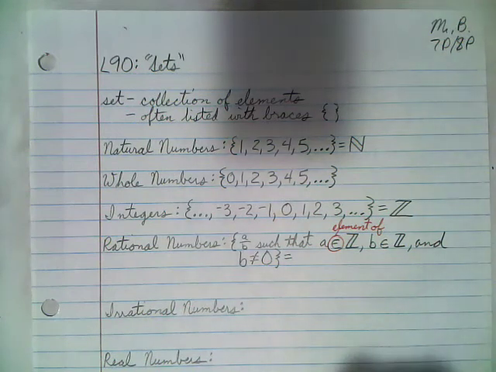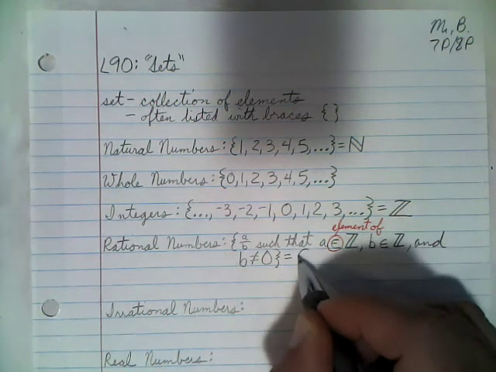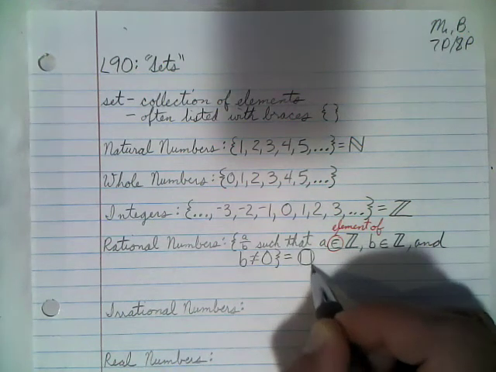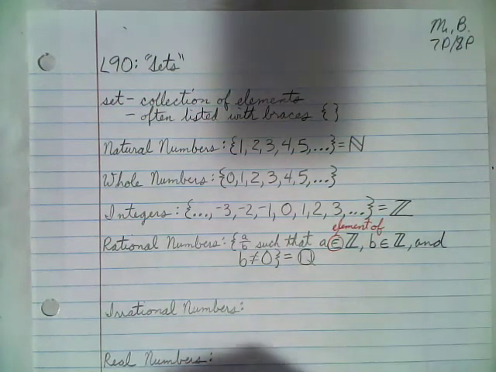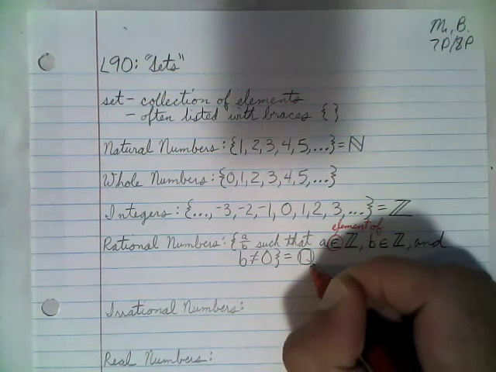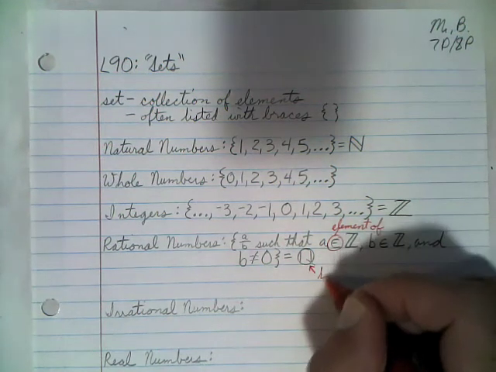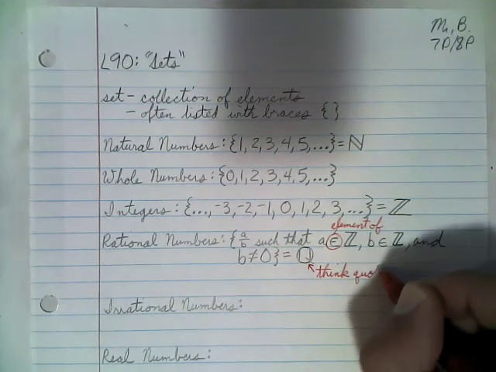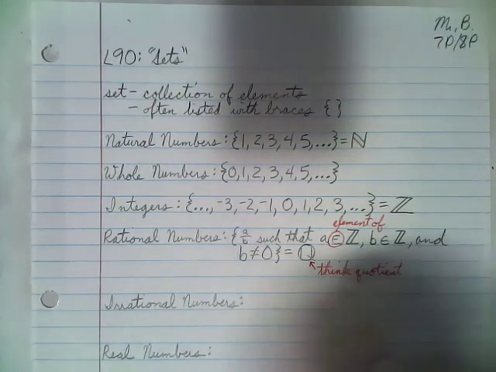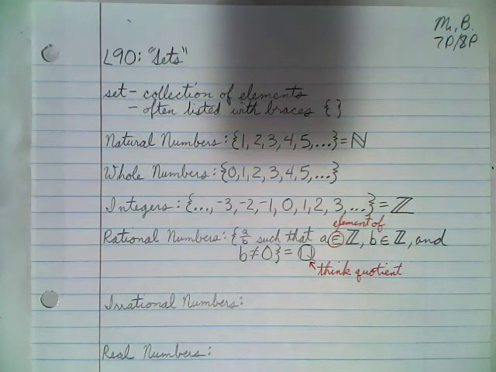It's a quotient. So the symbol for the rational numbers actually looks like a Q with these 2 extra lines in the middle of it. And so when we see this, think quotient. That's your rational numbers. Think quotient.